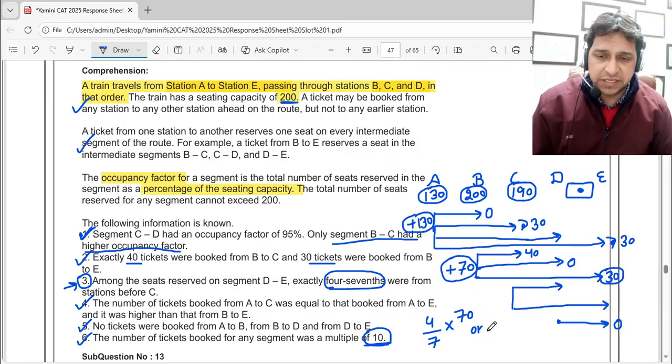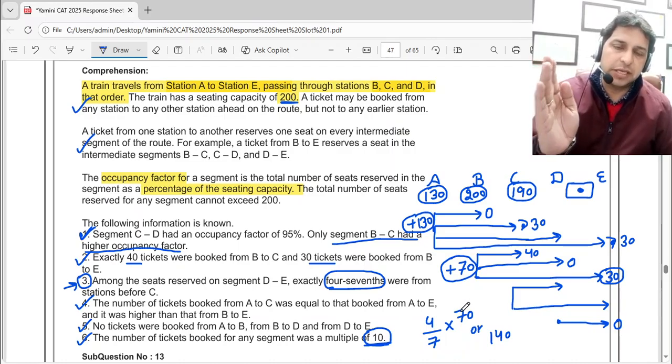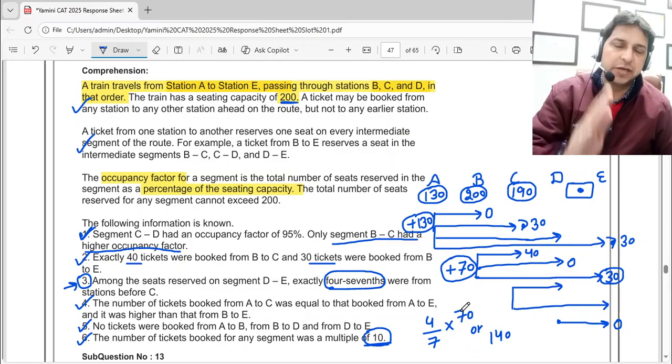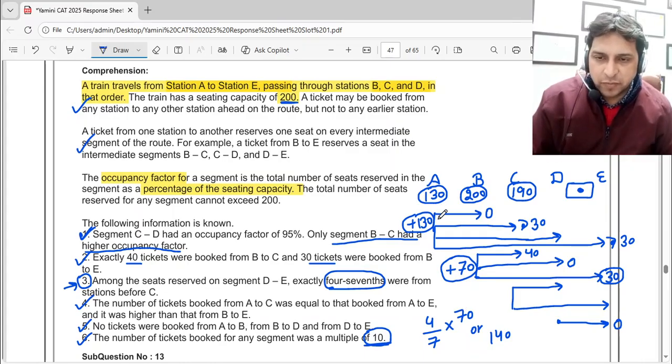or it is 140. Now if it is 70, that means 40 people have taken tickets for segment D to E, and only 40 people took the tickets. They are the total from A and B both together. Now from A to E we know the number has to be greater than 30.